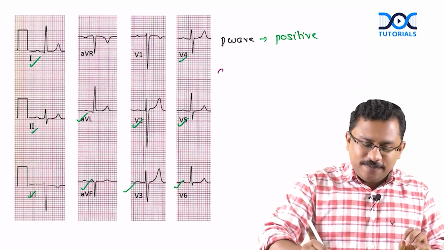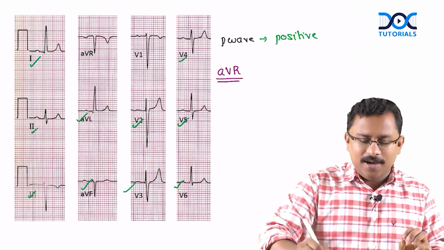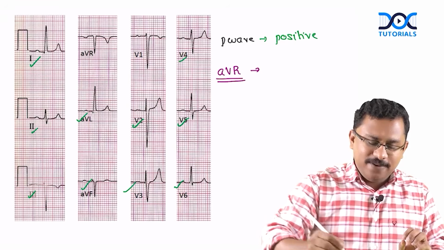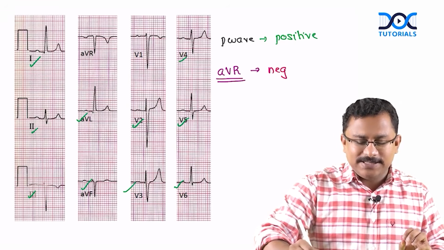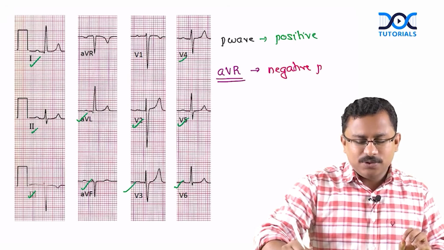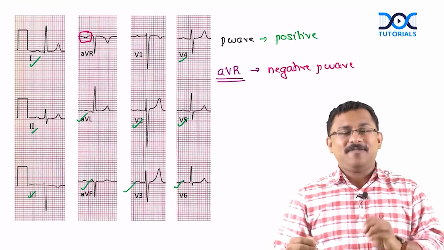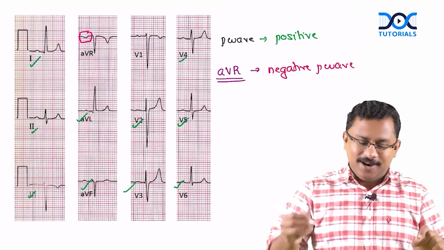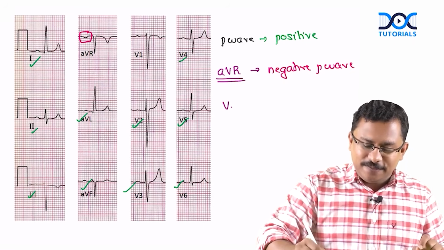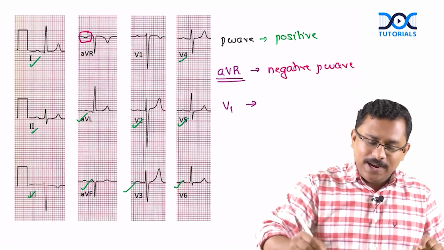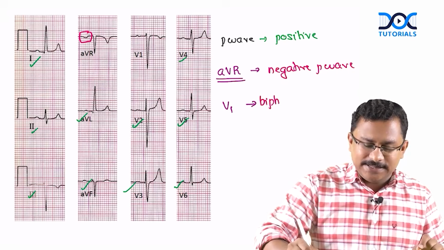But in lead AVR, the P wave is negative. You can see here, you have a negative P wave in lead AVR. And in lead V1, you will have a biphasic P wave.